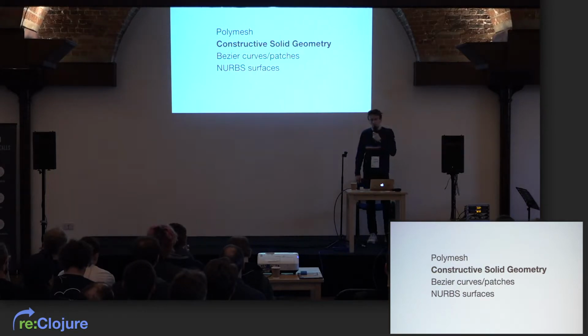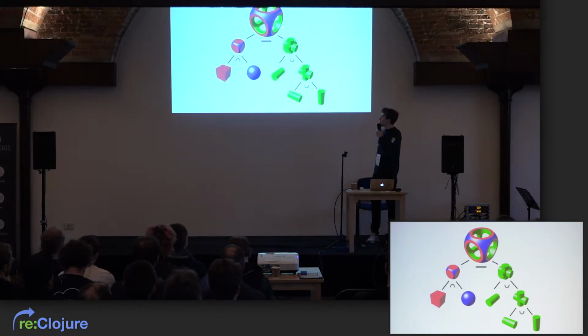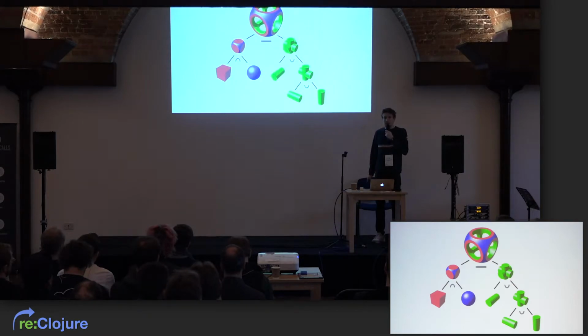One simple way of building stuff is constructive solid geometry, which I call CSG, which is basically a way to build shapes by using three essential operations, which are just union, difference, and intersection. If you know these three operators, you can basically build anything.